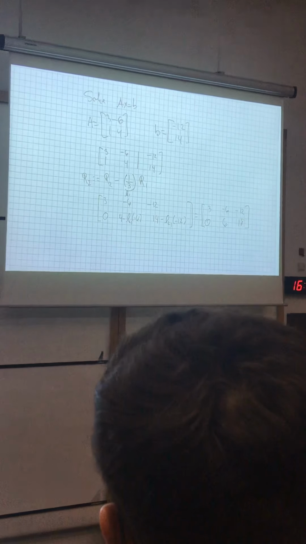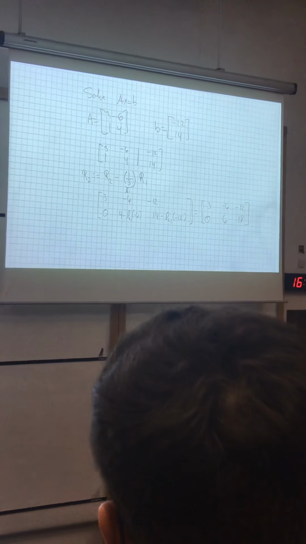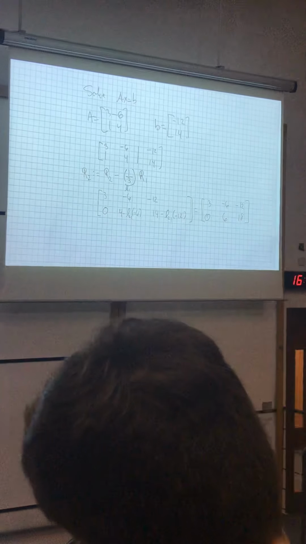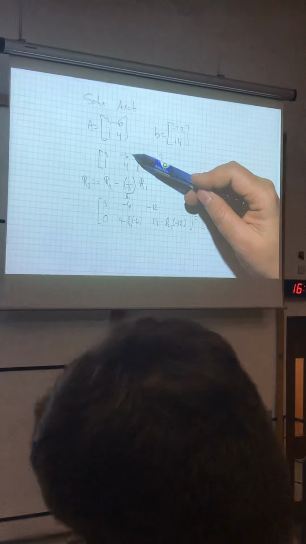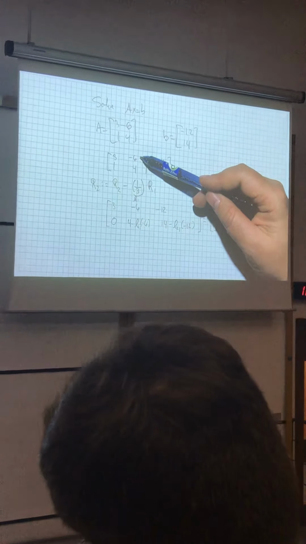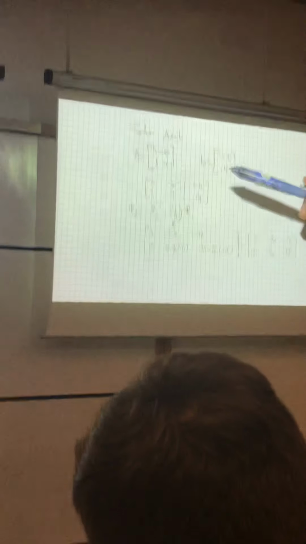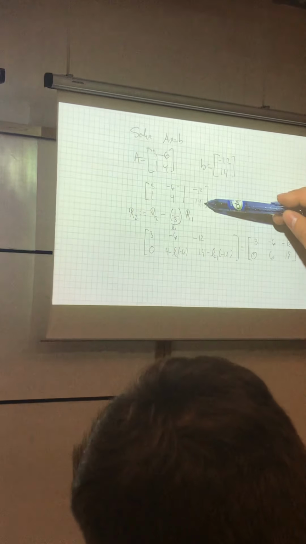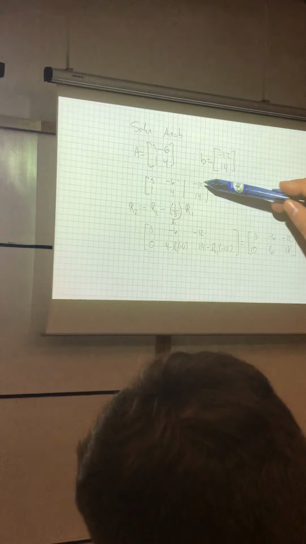And especially, I remember that I changed this one, so let me just see if we have the right answer. So it should be 4 minus a third of minus 6. So a third of minus 6 is minus 2, with double minuses and a plus. So we get a 6. And then here, 14 minus a third of minus 12, so it's 14 plus 4.